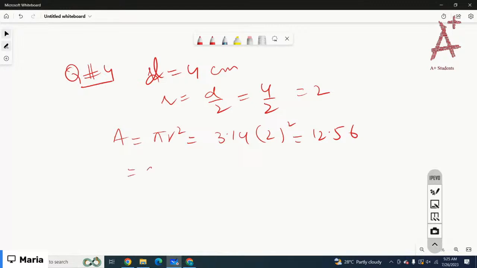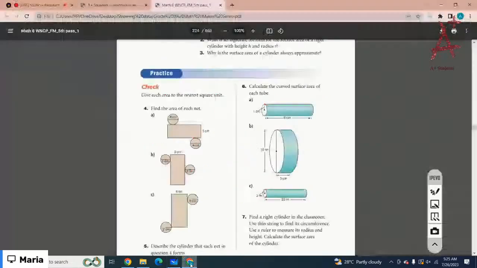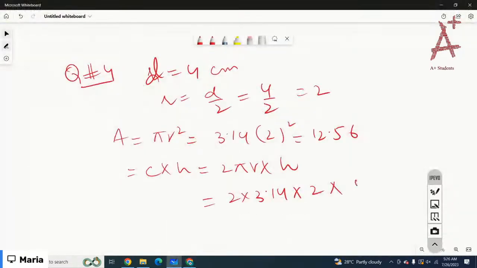That would be circumference times height. Circumference is 2 pi r times h. So 2 times 3.14 times r is 2, and height of the rectangular face is 5. Just multiply, it would be 2 times 3.14 times 2 times 5. It is 62.8.